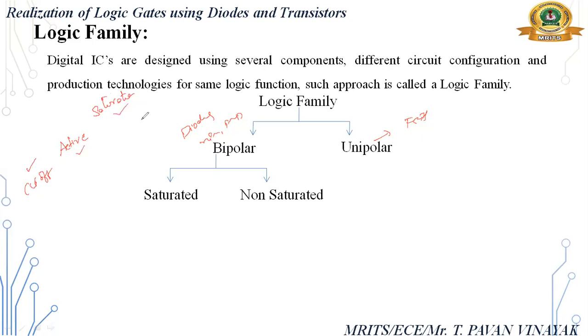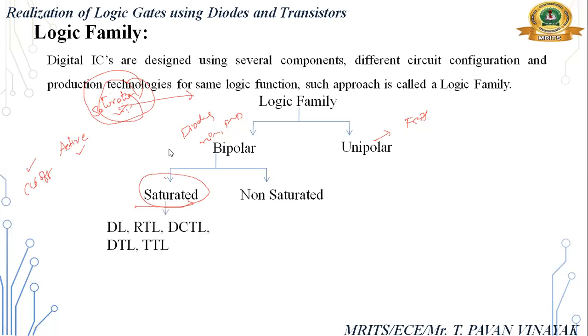The family whose outputs are taken in the saturation region is referred to as a saturated logic family. Saturated logic family means the transistor works in the saturation region only. Non-saturated means it may be in the active or cutoff region.